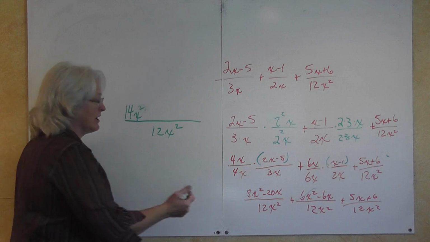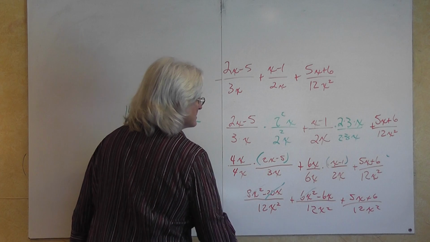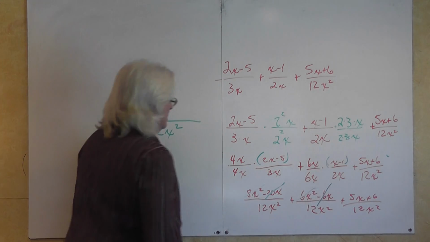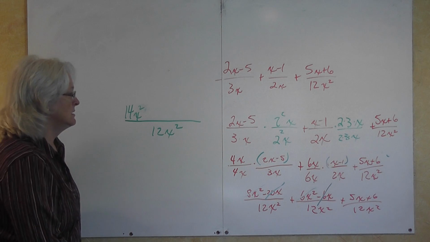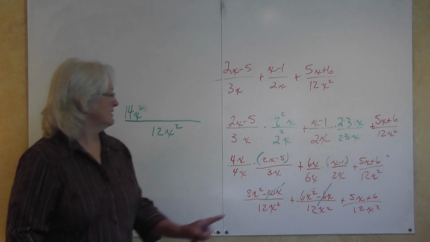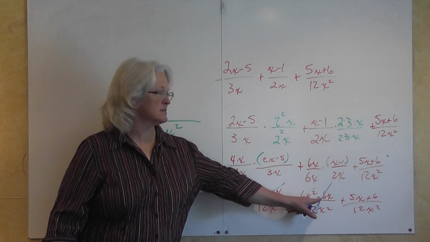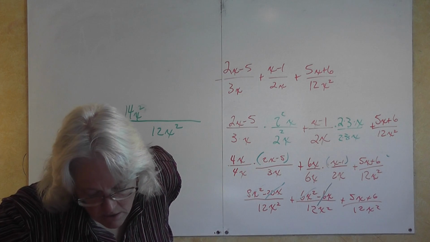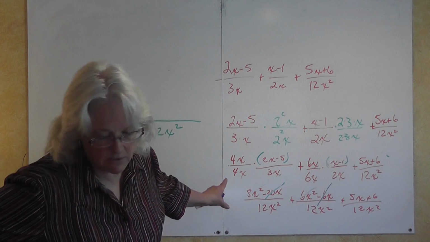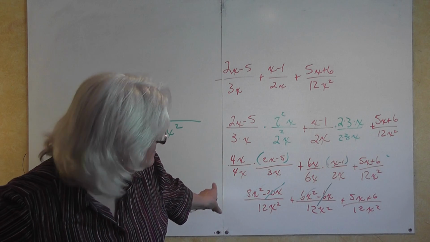Now we're going to combine our x's. Negative 20x minus 6x is, let me look in here to see if I did something wrong.